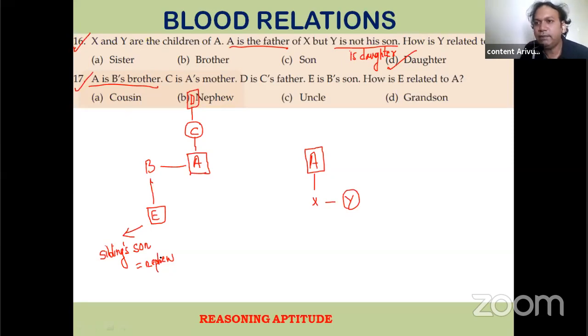And sibling's daughter means niece. Whether it is sister's son or brother's son, in both cases we use the same word, nephew. So I hope question number 17 is clear.